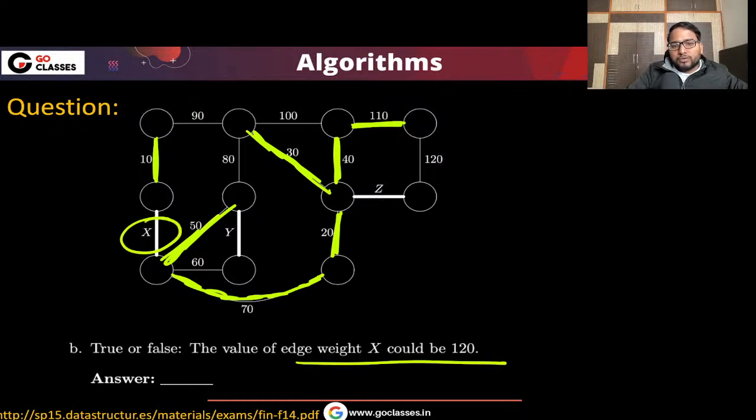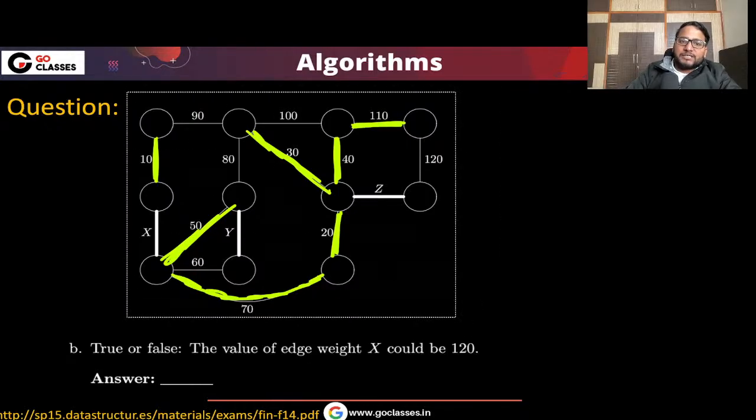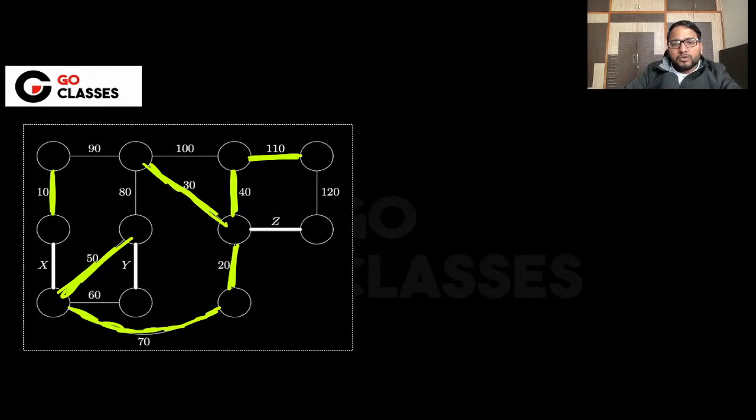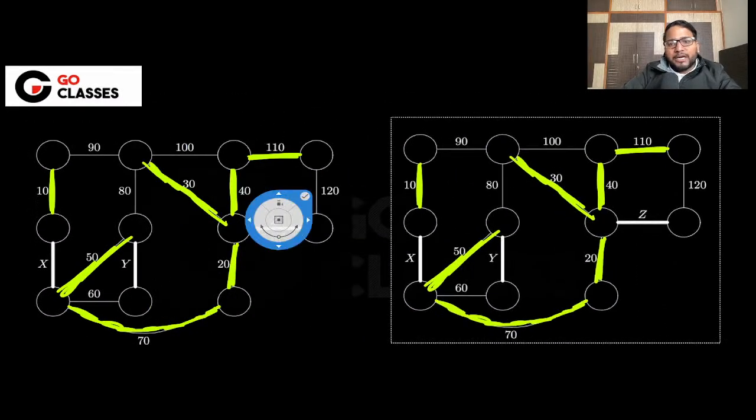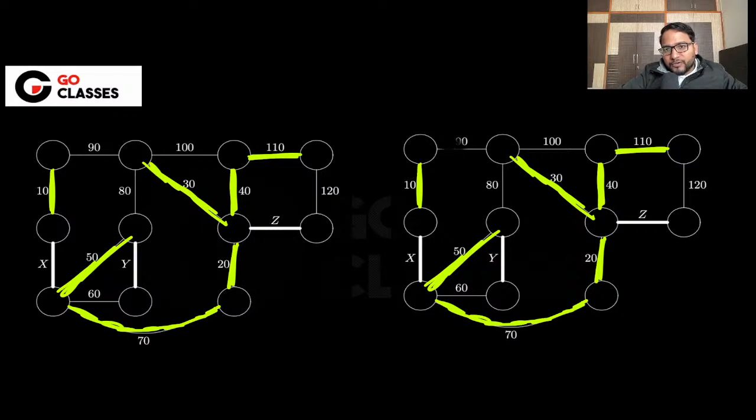It could be 120? Just tell me the range of this X. We will see if it is 120 or not. What is the non-MST edge? Now we have the MST. We need to find out the value of X, Y, Z. For that, we will first draw the MST, which is the very first step.